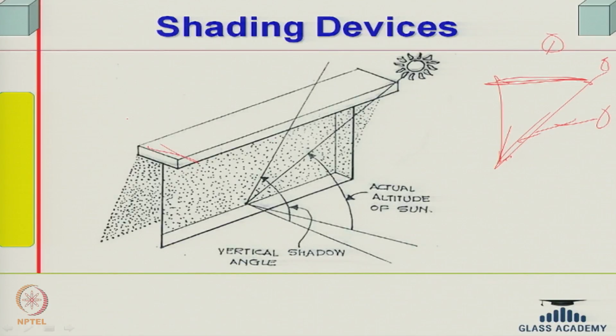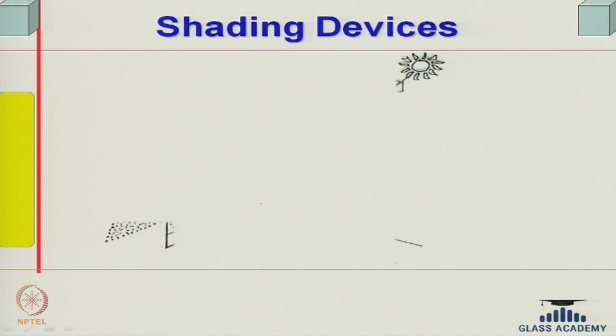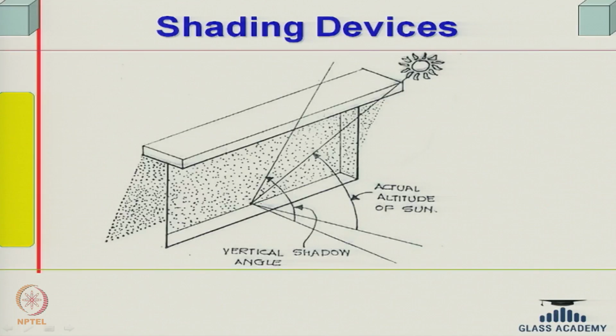So, this is called a horizontal shading device, and we define it in terms of what is called the vertical shadow angle, which is nothing but the angle in this vertical plane, normal to this plane, made at the tip, and this is its projection. So, a horizontal shading device is characterized by the vertical shadow angle, and similarly I can have a vertical shading device.